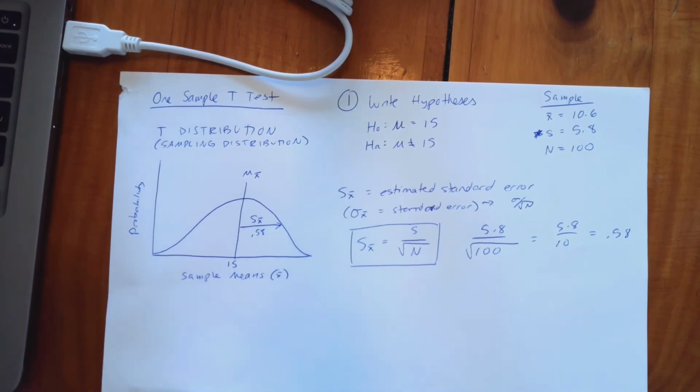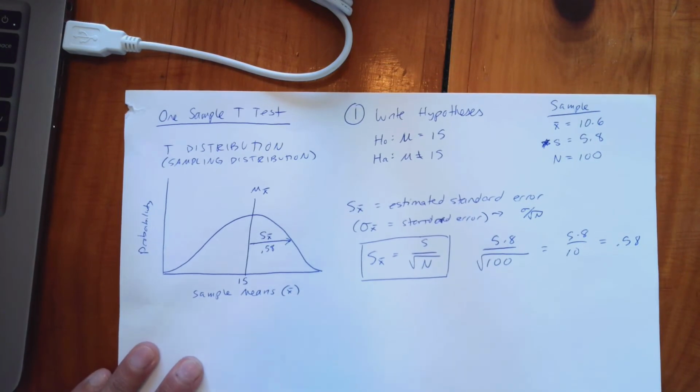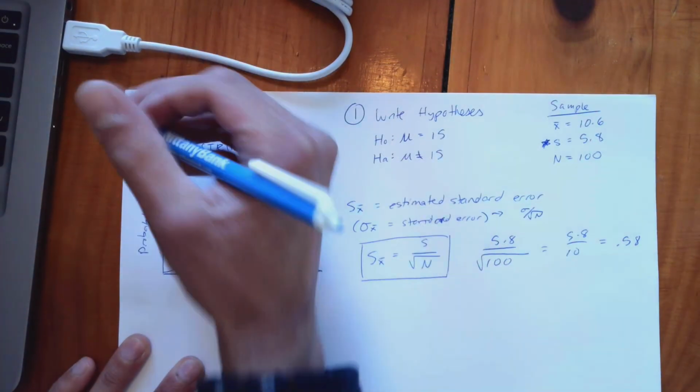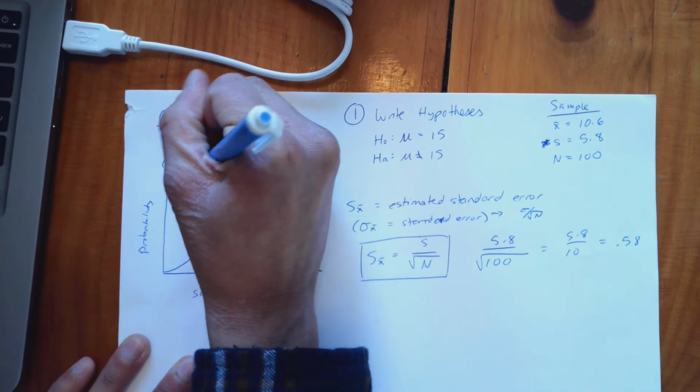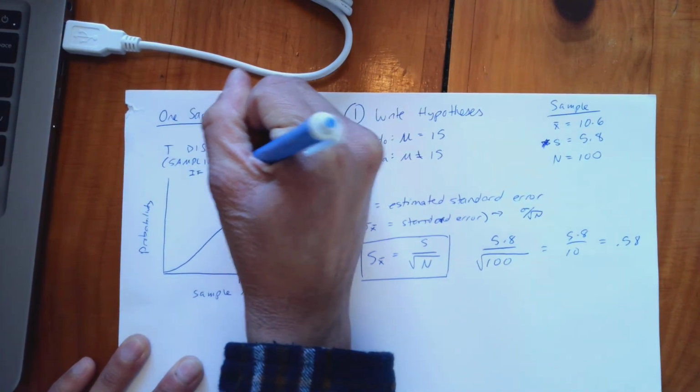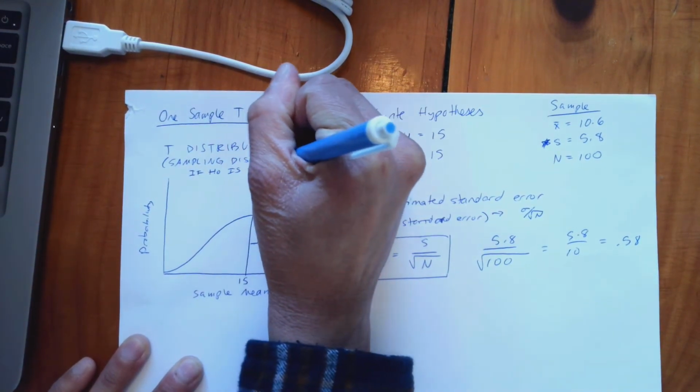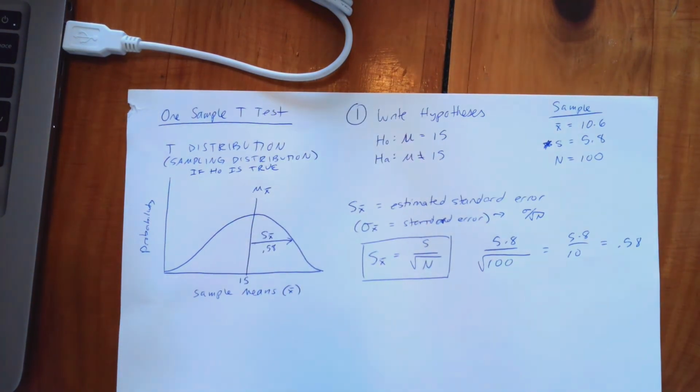Okay, if the null hypothesis is true. And I'll write that up here too. So that's what we're trying to describe with this graph here.